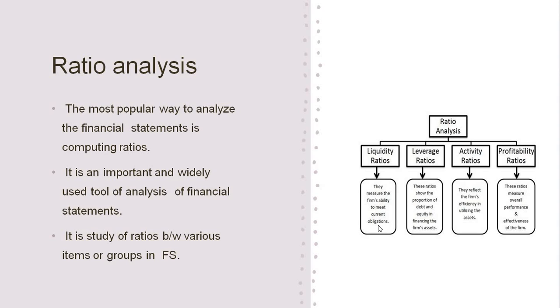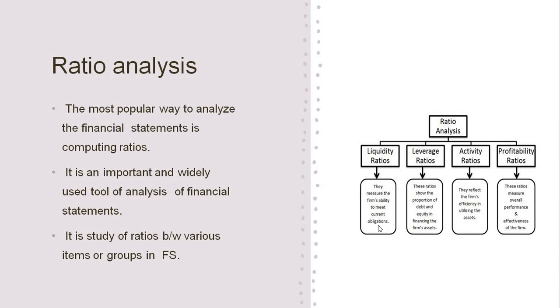While in the case of leverage ratios, these ratios always show the proportion of debt and equity in financing the firm's assets. Okay, and in the case of activity ratios, they always reflect the firm's efficiency in utilizing the assets.